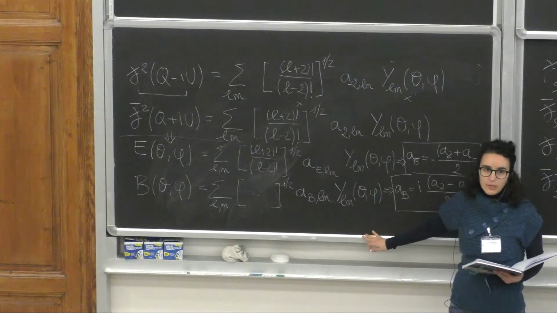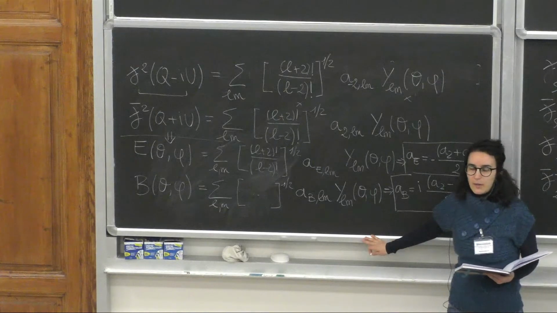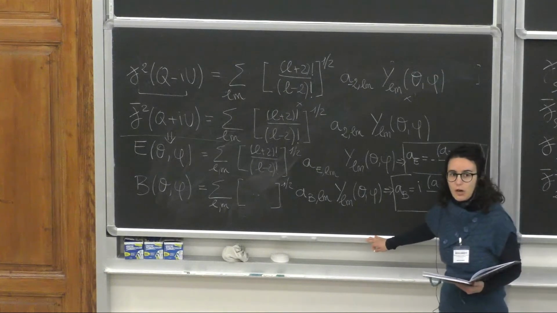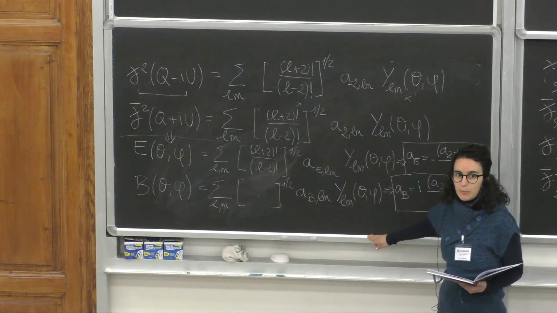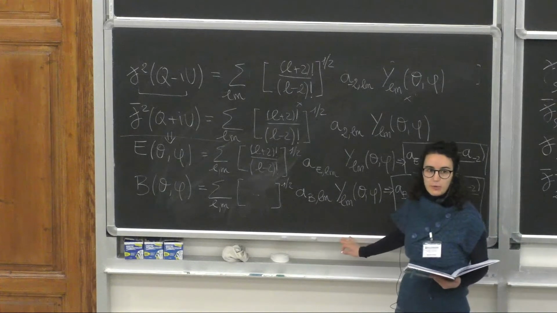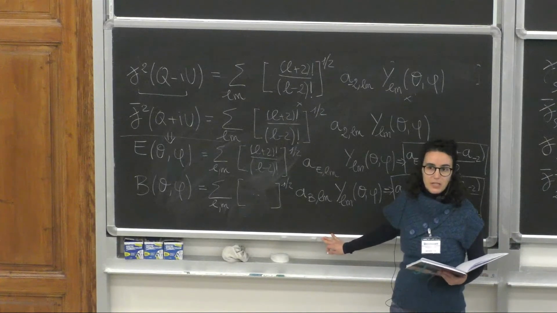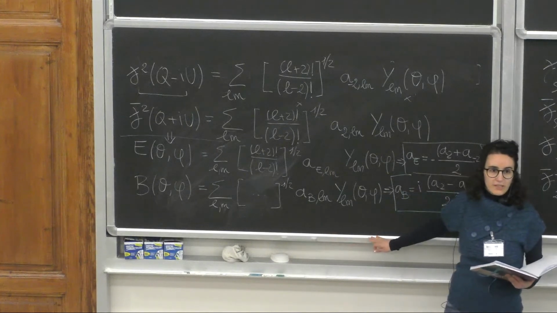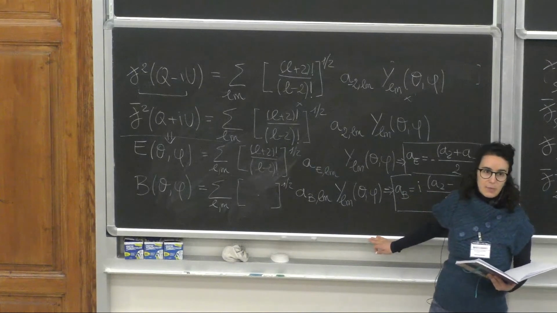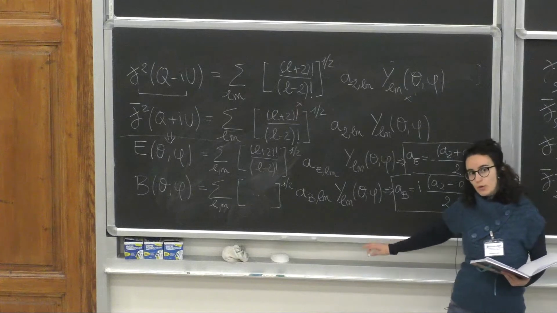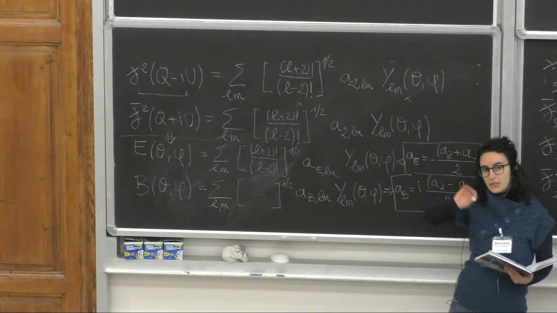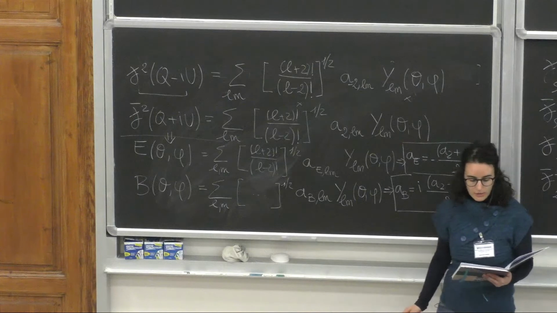You can think of this as coming from the decomposition of the polarization tensor. Remember that we started from the P_ab tensor that we wrote yesterday, which has T plus Q and T minus Q on the diagonal and minus U on the off-diagonal terms.